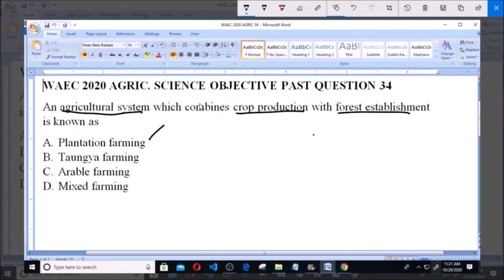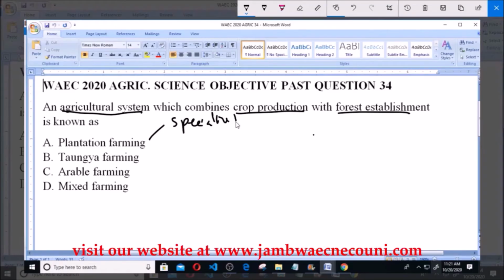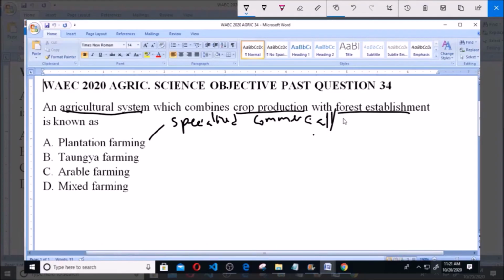Now, plantation farming refers to the specialized, commercial, or large scale cultivation of mainly cash crops.